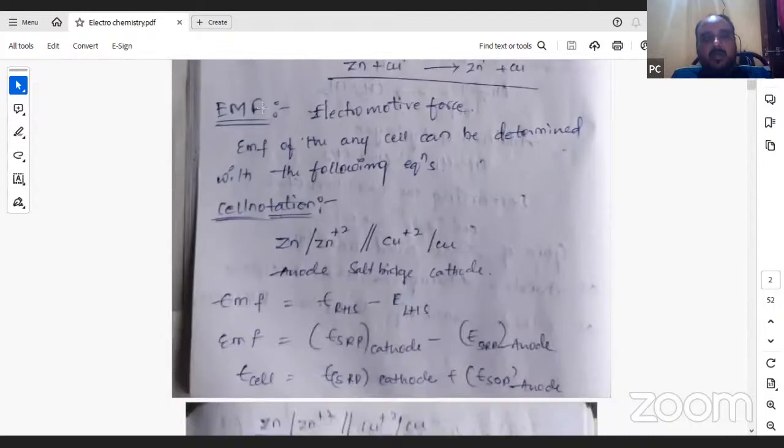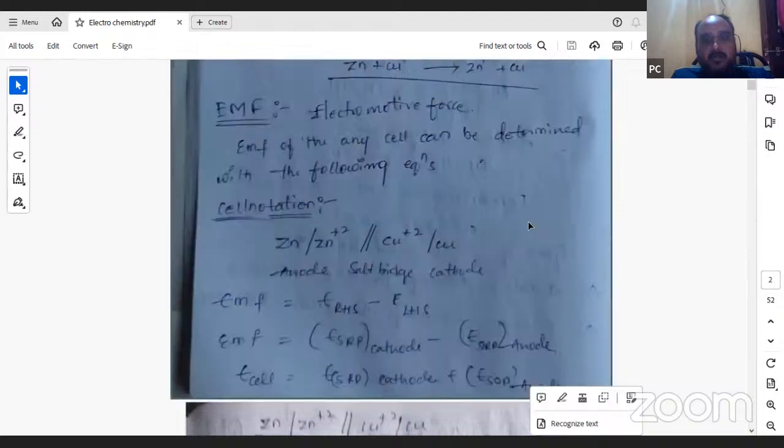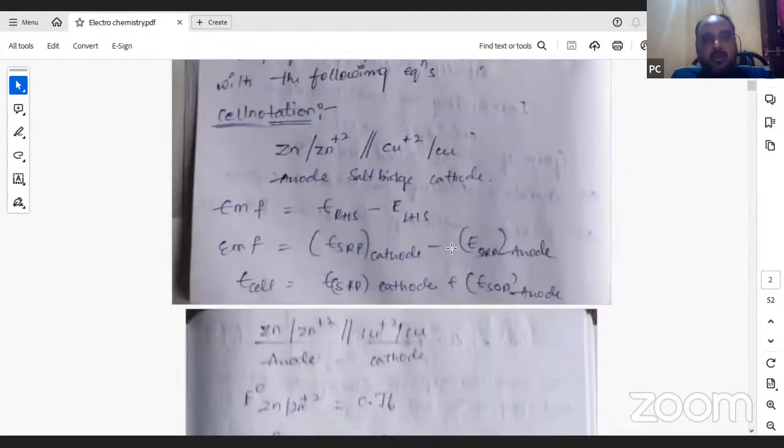Then the EMF, that is the electromotive force, the potential, can be determined with the help of the following equation. Zn | Zn2+ || Cu2+ | Cu. Then the EMF is equal to the standard reduction potential of the cathode minus the standard reduction potential of the anode.